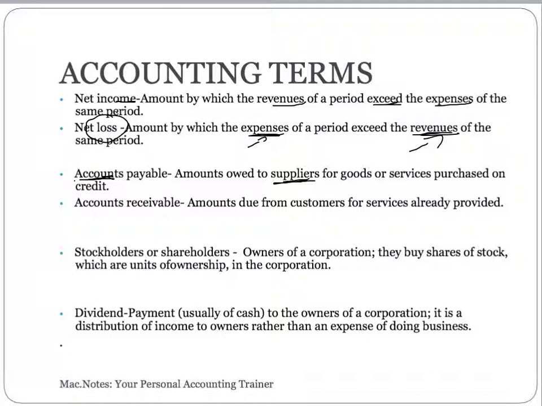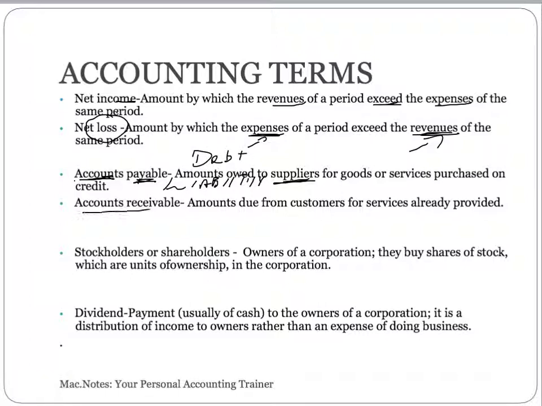The supplier is allowing them to pay later, so the supplier has given them an account. And we call that, what we owe them, accounts payable. That's the amount that we must pay the supplier sometime in the future. That's a liability. Okay, so this is a type of liability. This is also a debt for us.